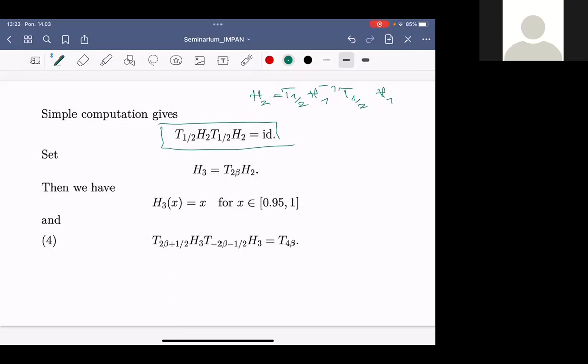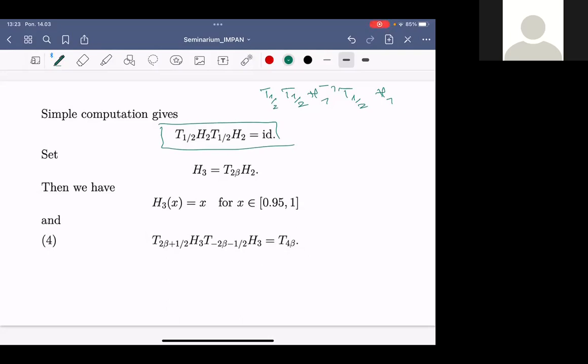So if we take H2, this is the formula for H2. We take now translation by 1/2. So this composition does nothing. We obtain now H2.